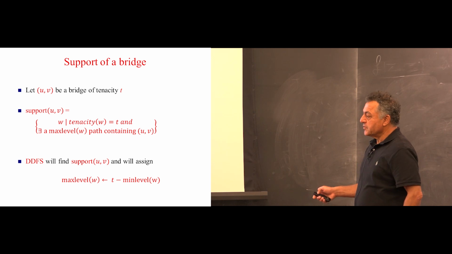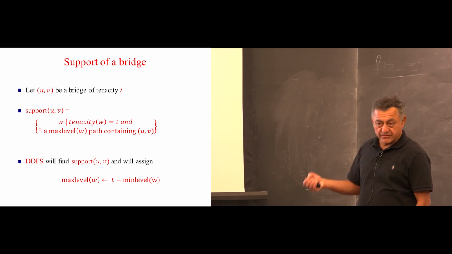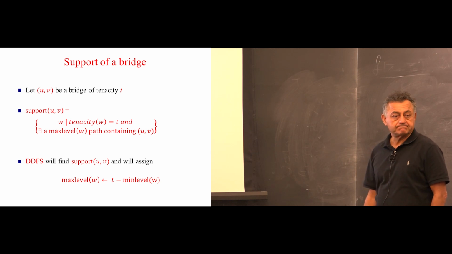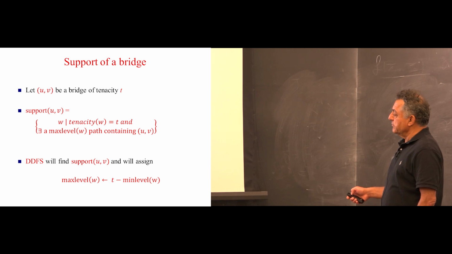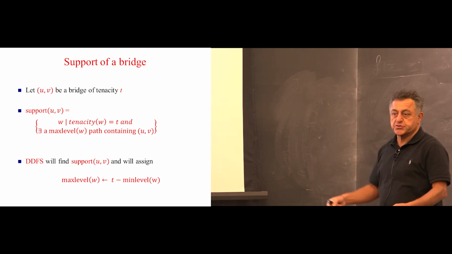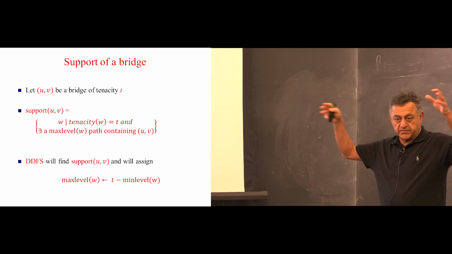So the support of this bridge is all those vertices W which have tenacity T, and there is a max level path to this vertex which contains this edge. Okay? And the point is, when you call double depth first search with this bridge, it should find the entire support by going down predecessors from both sides.